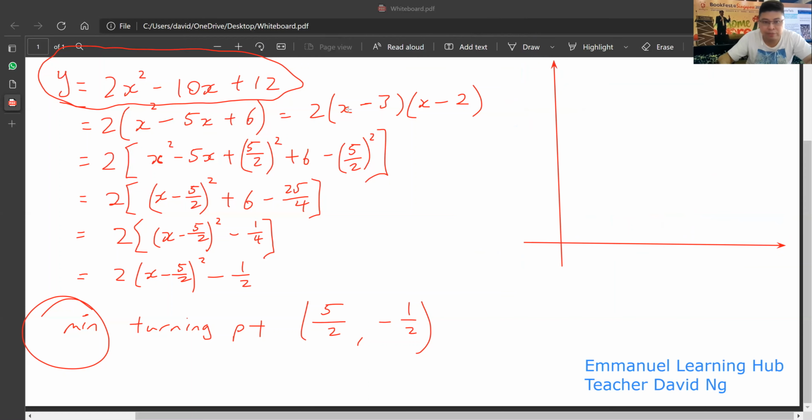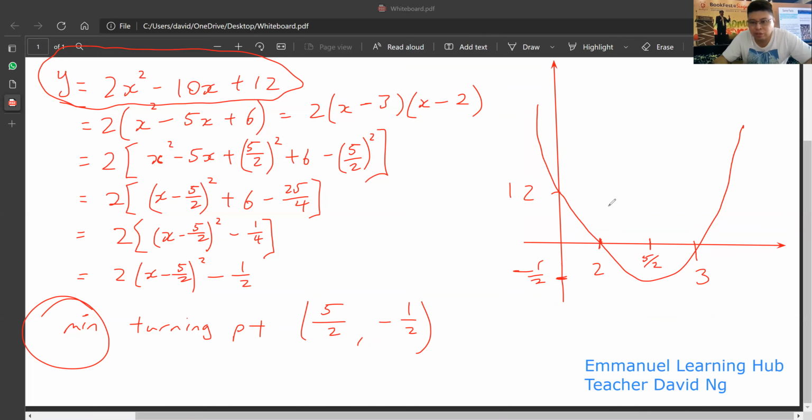You can sketch like that. 2, 3. Not drawn to scale, obviously. Okay, like that. Sketch. In the exam, it's all not drawn to scale.